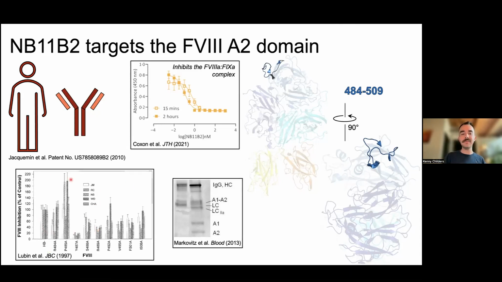And really the takeaway message from this graph is it's not black and white. Antibodies that bind to the A2 domain really will bind to discrete places and discrete mechanisms. So just because one antibody binds to this location doesn't mean that all anti-A2 domain inhibitors are going to bind to that same place and the same mechanism. They all bind very differently.